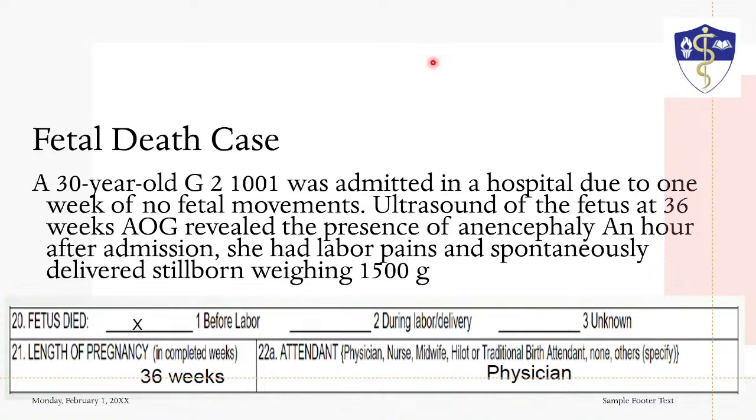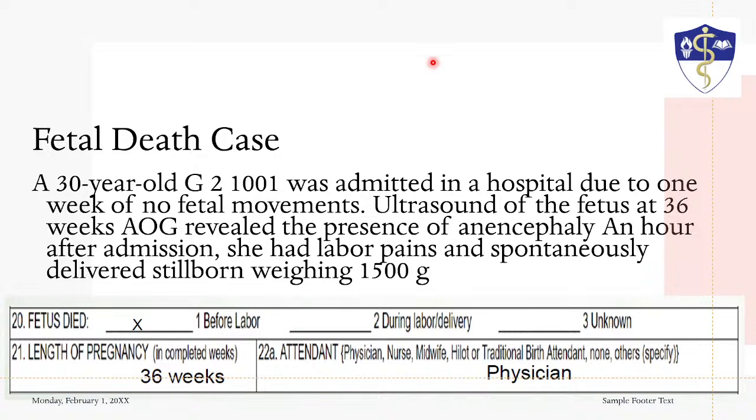So let's go. 30-year-old G2. He did not write if it's P1. So G2 P1, probably 1001, was admitted in the hospital due to 1 week of no fetal movements. And it says a problem of public health. Okay, because every mother, we keep telling every mother the 10 danger signs of pregnancy in every antenatal visit.